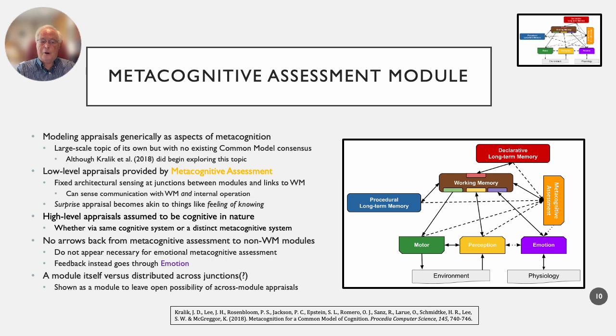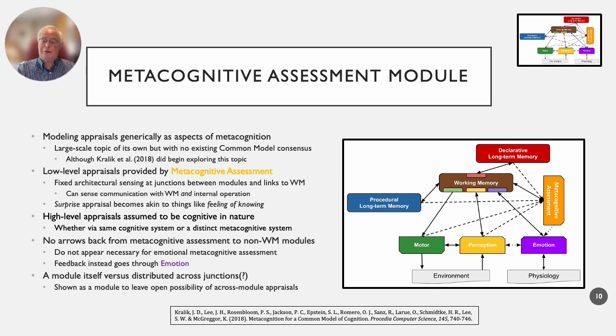There's an additional question here, and therefore an abstraction, over whether in fact the metacognitive system needs to be a module on its own, or whether the functionality can be distributed over the junctions where much of the computation can be considered to be going on.